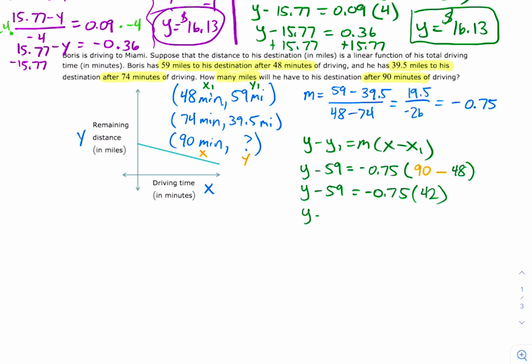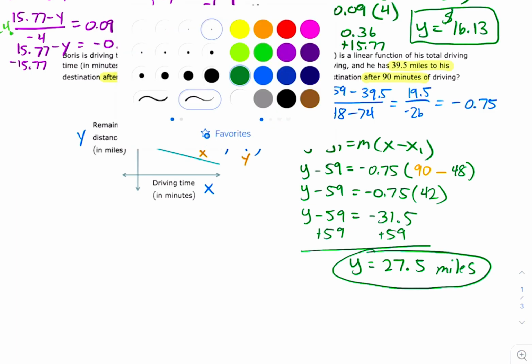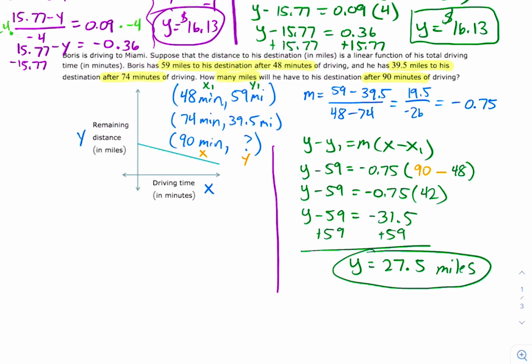And then if we multiply that times that negative 0.75, that will give us negative 31.5, and then adding 59, y will equal 27.5 miles. And again, we need to make sure that we are remembering to label.